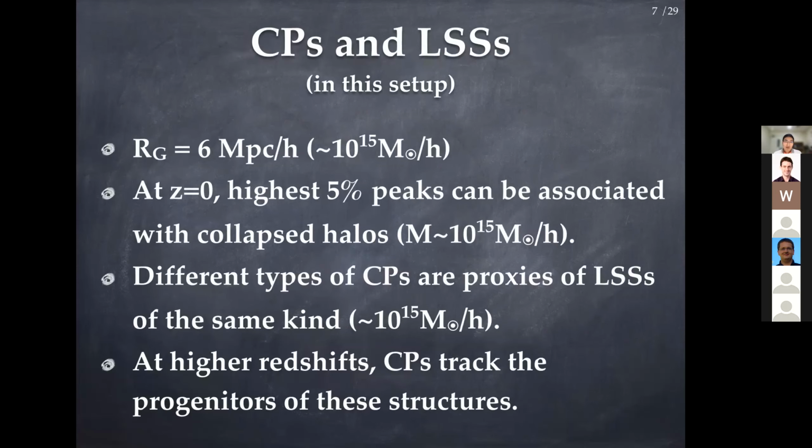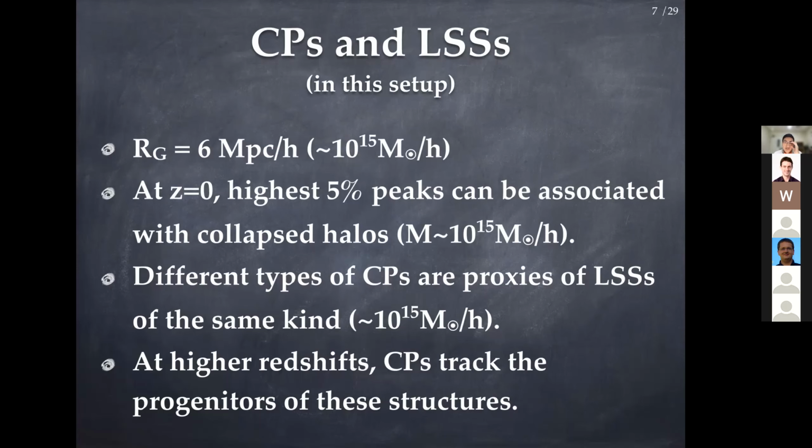So we adopted a 6 h-inverse megaparsec Gaussian smoothing filter. And this crudely translates into a mass scale of 10 to the 15 h-inverse solar masses.